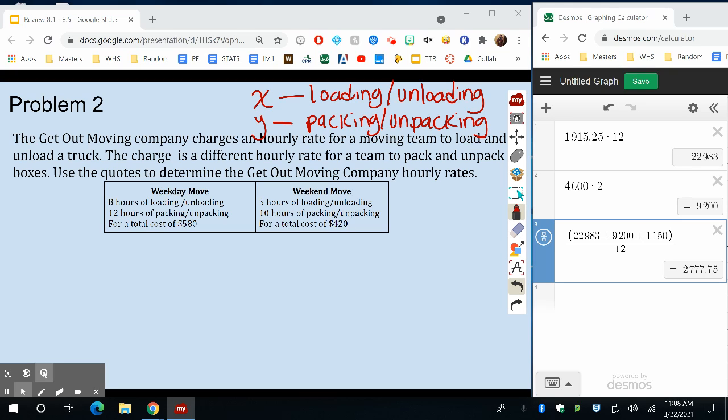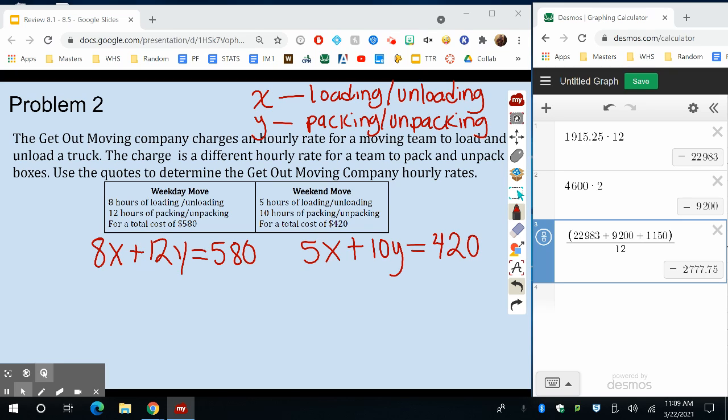Okay, so now we're going to create two separate equations, one for the weekday and another one for the weekend. So we're going to have 8x plus 12y equals 580. And then on the weekend, we have 5 hours of loading and unloading, which is 5x, plus 10 hours of packing and unpacking, so 10y, for a total of 420.